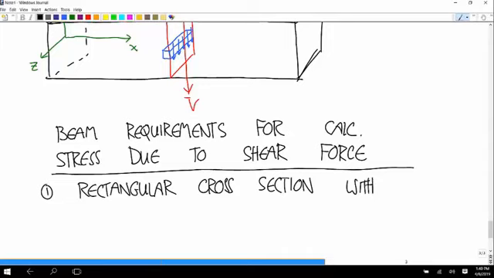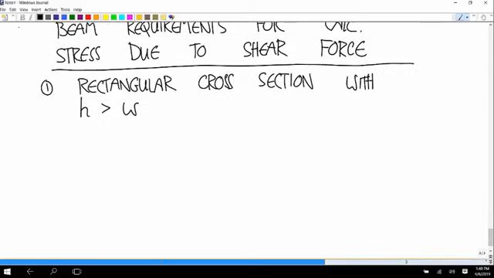And for these results to be good, we need the height to be greater than the width. It's sort of a sliding scale: the bigger the width is compared to the height, the worse the results are.